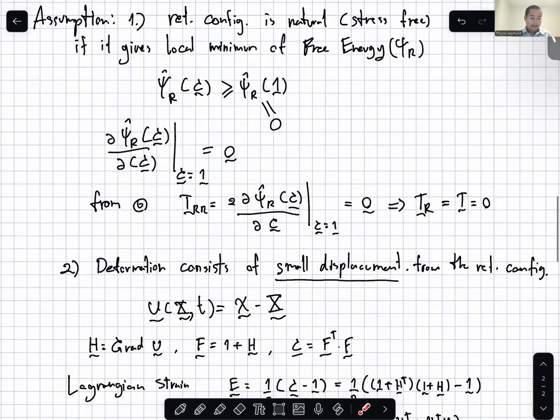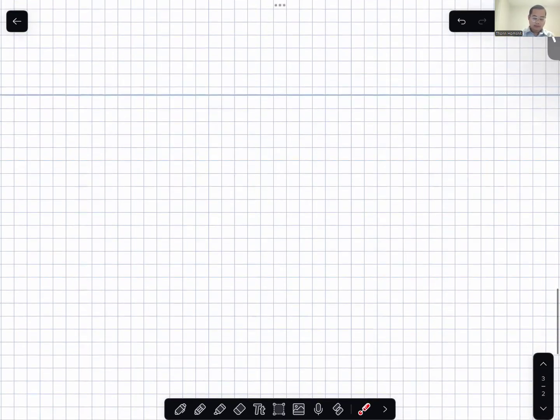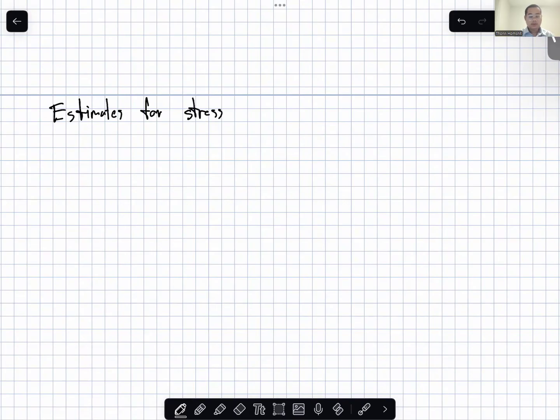So we're going to estimate these two functions, the stress for the TRR and the free energy. Okay, so the first one, we're going to estimate the stress first.